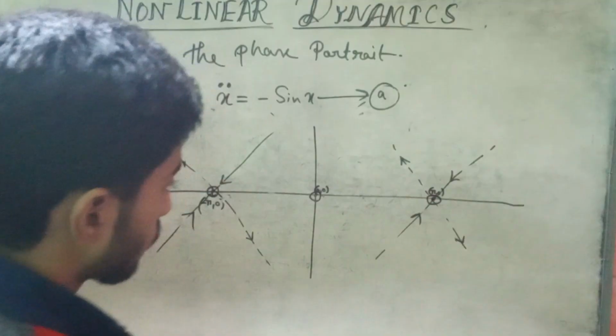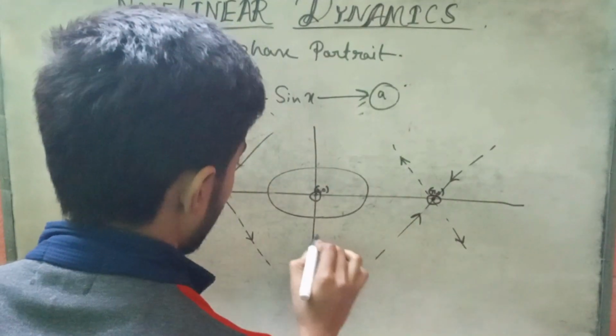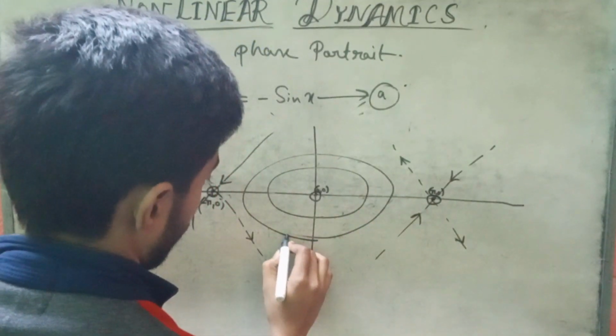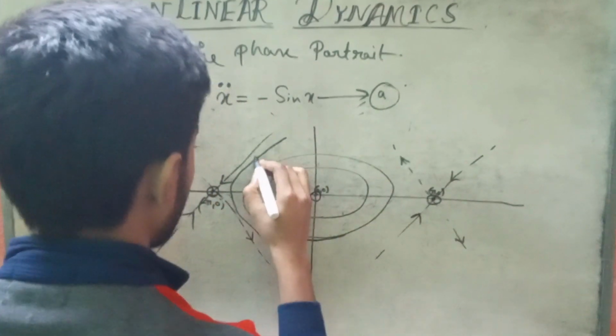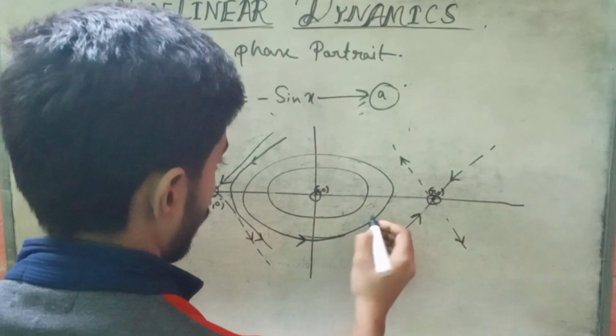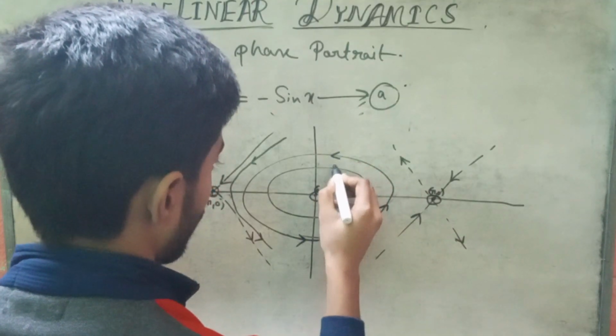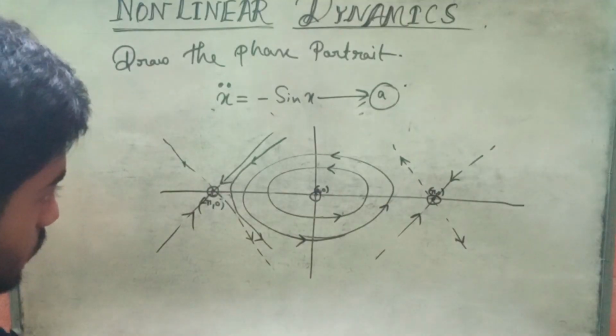So at the 0, 0 fixed point the system trajectories form a center, right? This is a center, and here this is a saddle. So in this given situation we can draw just like this.